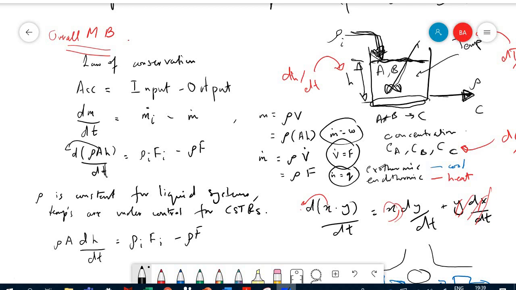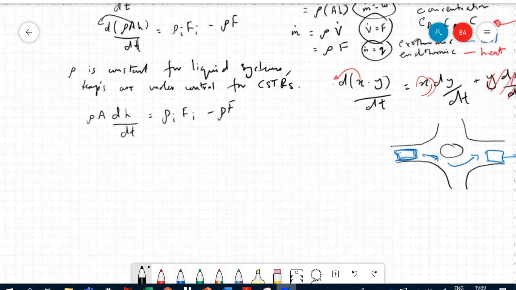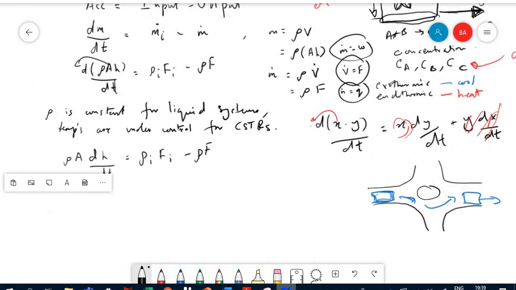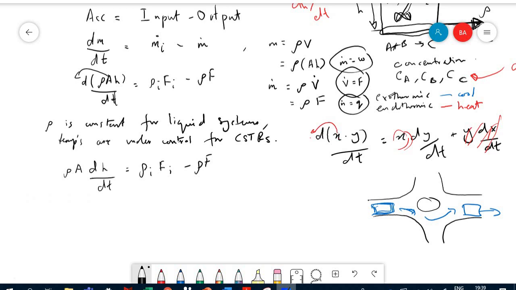Even without a reaction, if there is more than one liquid, A or B or whatever, things could be changing. And actually it is a good assumption to consider that they are constant, especially in a liquid system. There is a difference, but the difference is very small. It's not that much to bother about, especially when you talk about process control later. Those small differences are negligible, or not of concern at all.